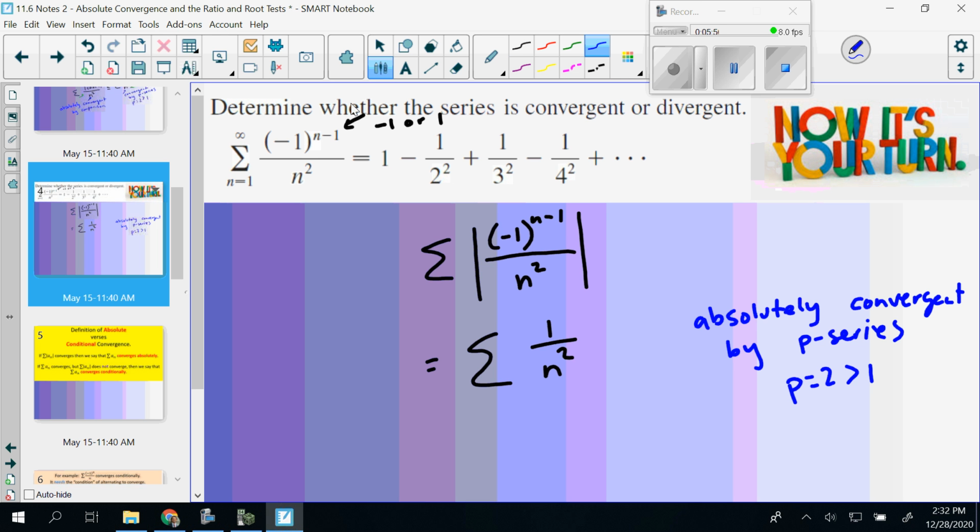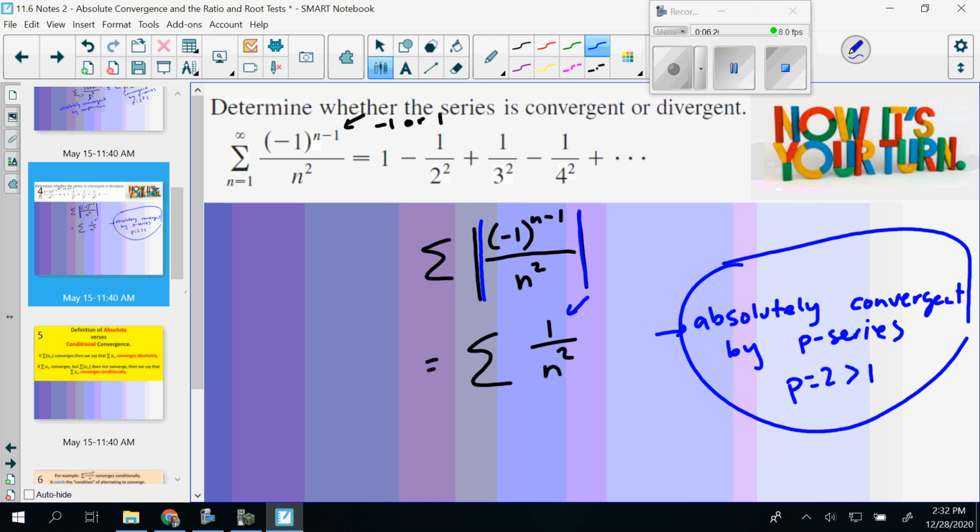So if we take the absolute value here, that numerator is always going to be +1. The denominator will always be n squared, because absolute value of n squared is still n squared, which makes this one convergent, or absolutely convergent, by p series, because our p there, our exponent of our denominator, is 2, which is greater than 1.